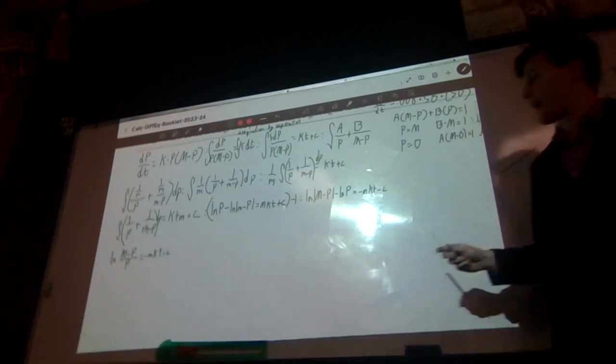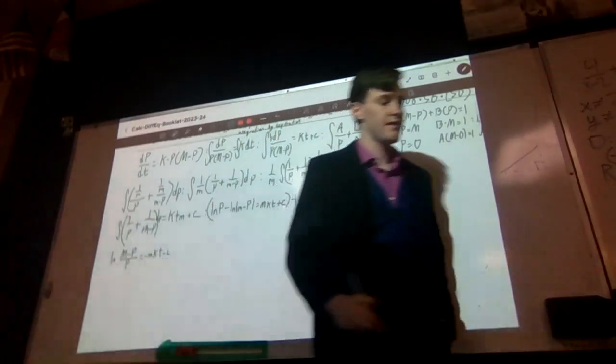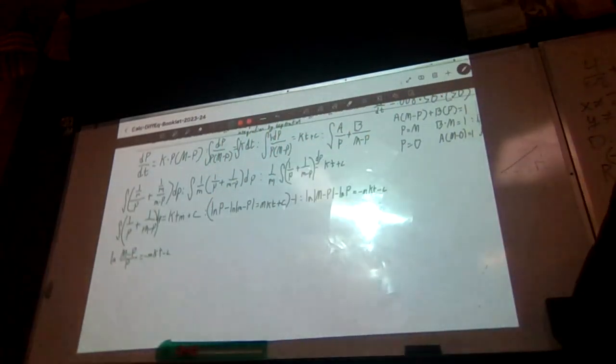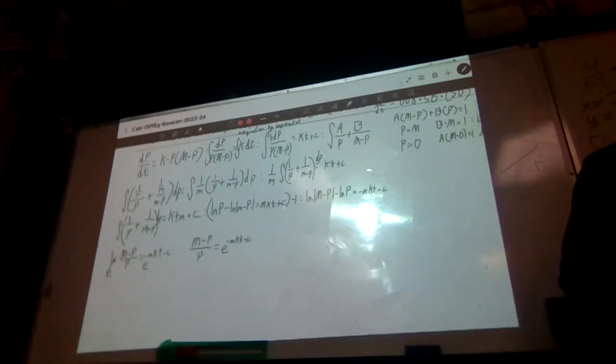And now that I have this all combined into one, what can I do? Give it a base of e. We cancel that out. We're going to get m minus p divided by p is equal to e to the negative mkt minus c.